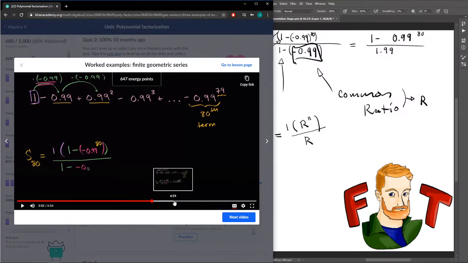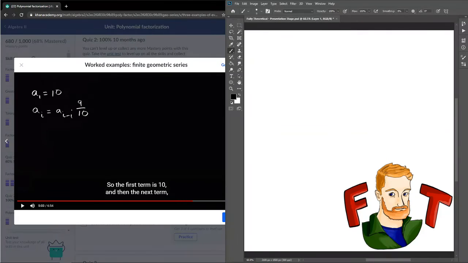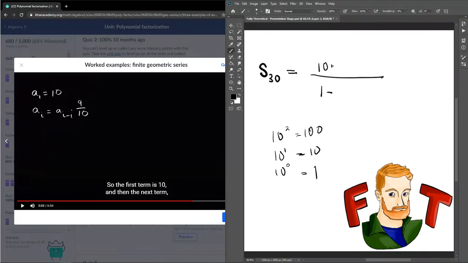But the tricky thing about this one is the first term is a 10. So does that mean that my first term should also be a 10? So let's go back over to here. So I guess what I'm asking is, should that be a 1 or a 10? That I don't know.